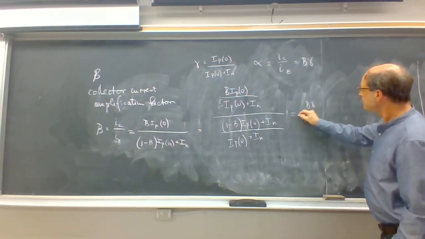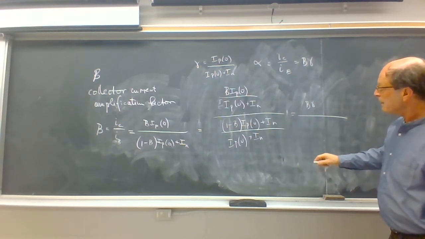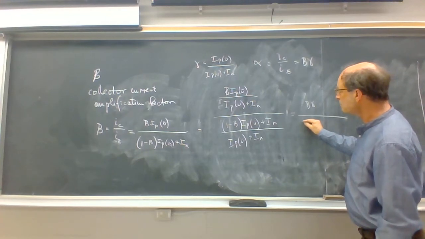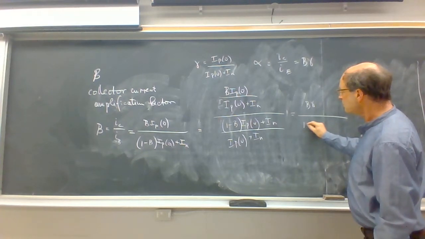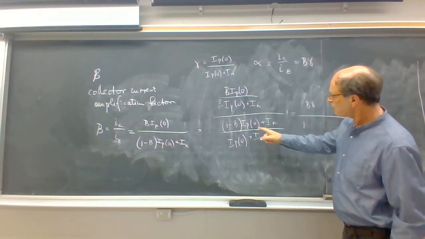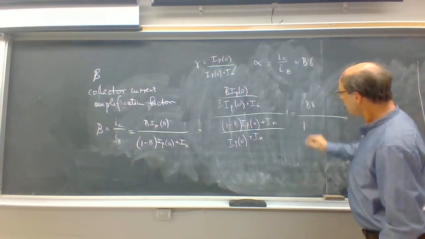The denominator I'm going to rewrite as, I'm going to group these terms. We have an IP of 0 plus IN, so there's going to be a 1.